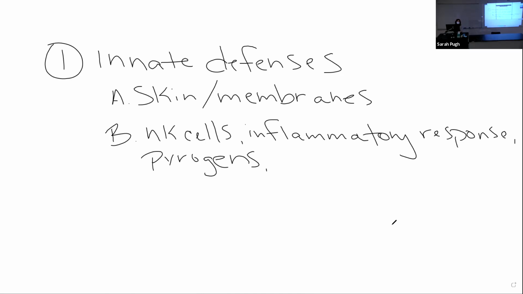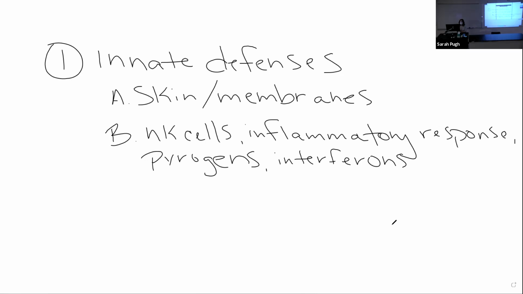We also talked about things like interferons and other chemicals like complement proteins. And all of these things that I've listed here under B, these are all part of our second line of defense. It would be what is activated if something is able to make it through your skin. But these are also part of our innate defenses. You are born with these. These are not specific.